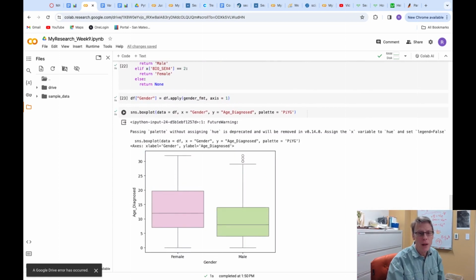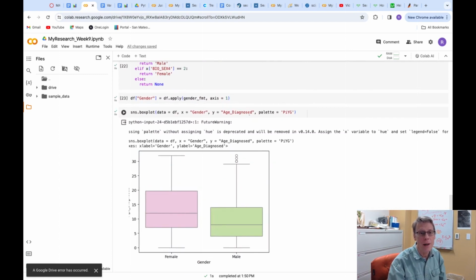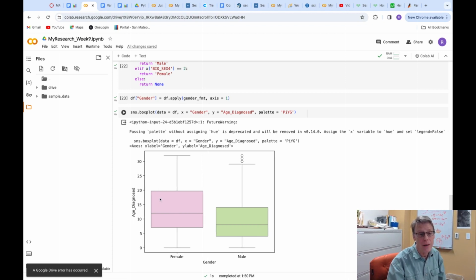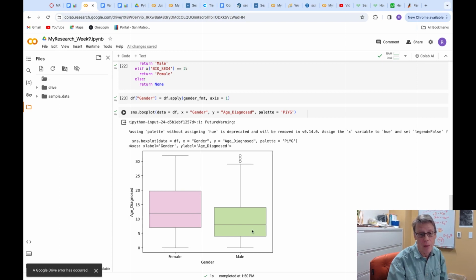As opposed to over here, when we did the age diagnosed broken up by gender, it seemed like the girls were being diagnosed with asthma at a way older age on average than the males. You know, here the median is about 7, and here the median is up about 12.